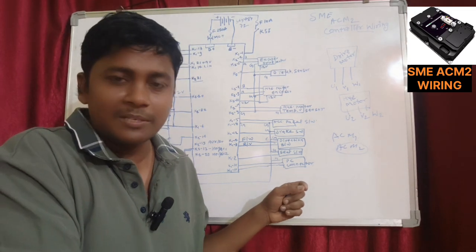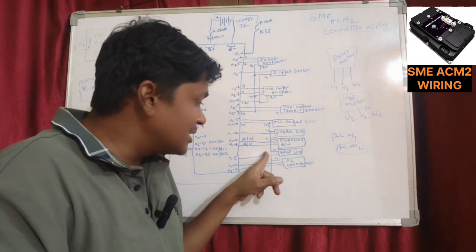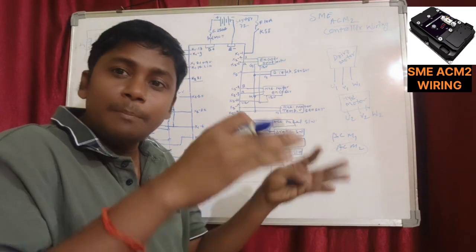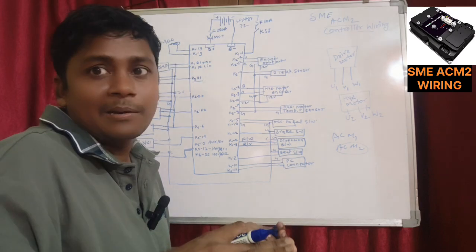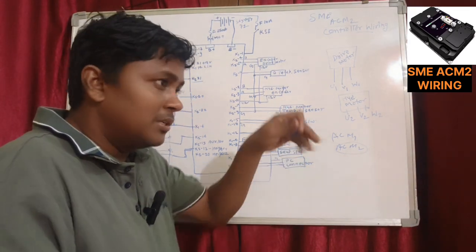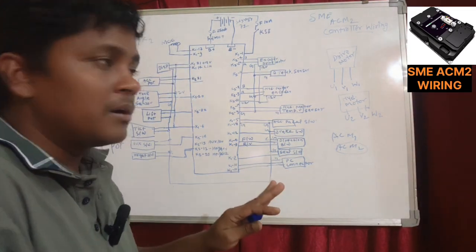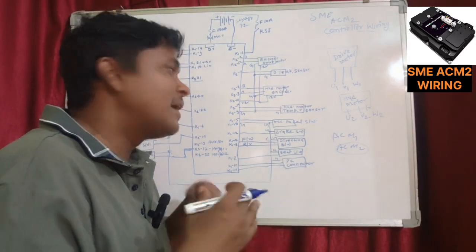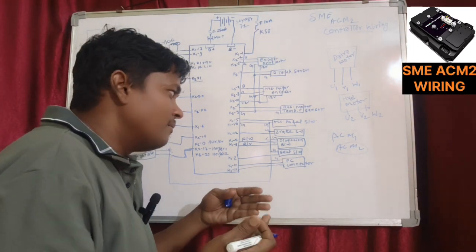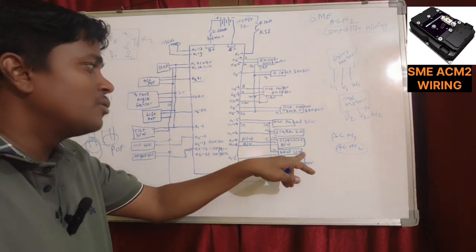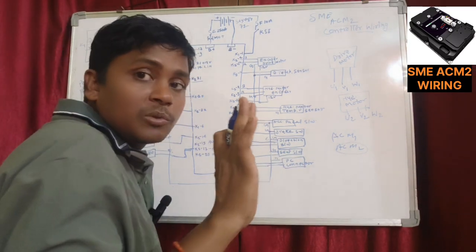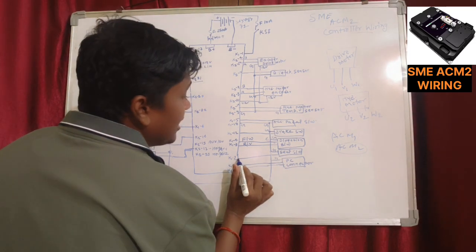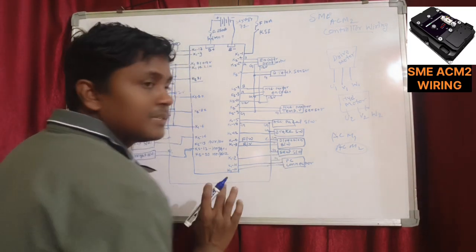This seat switch is inside of the seat, not the seat belt, and is operated by the weight of the operator. When the operator is sitting on the seat, only at that time will this seat switch operate. That seat switch will be connected with K12 and ground of this controller.